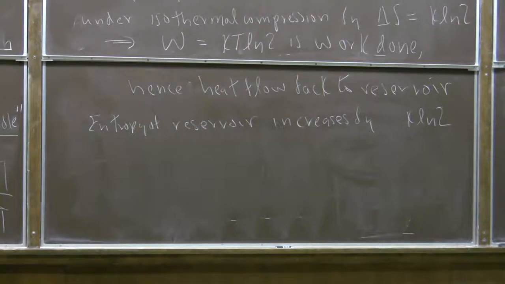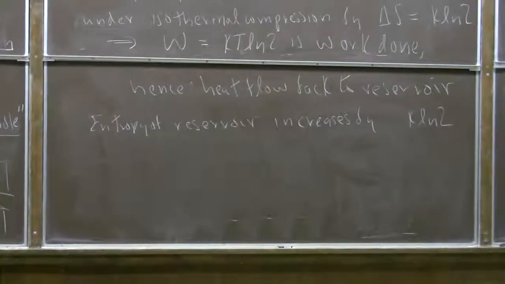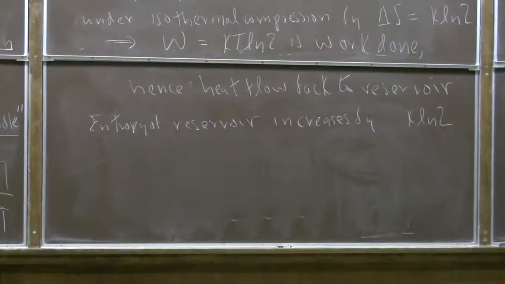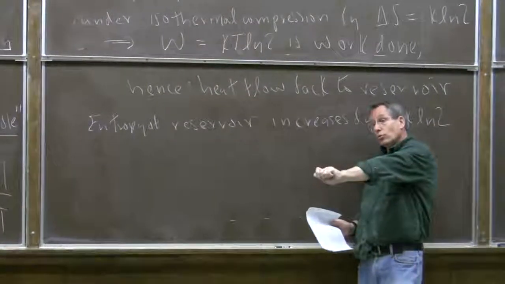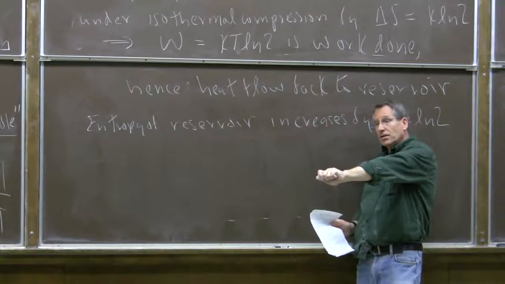But it wasn't a closed cycle, because I wound up with a bit stored in the daemon's memory. To get a really closed cycle, I've got to erase that bit. The erasure of the bit, though, is a dissipated process. It sends, when it's done as reversibly as possible, entropy K log 2 back to the reservoir, and it requires that we do work KT log 2.